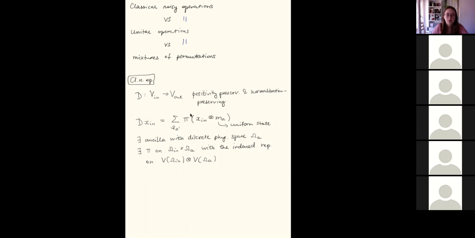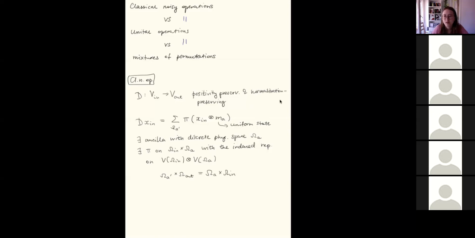Then we perform a permutation on this joint system, and then we just trace out, or we sum over a subsystem, which we here label as A prime, which is just a complement to the system corresponding to omega_out. So formally, this corresponds to this.